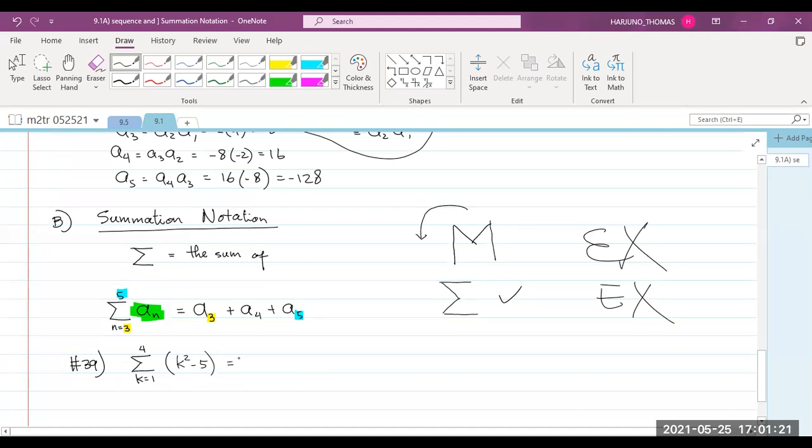So we start from when k equals 1: 1 squared minus 5, plus k equals 2, plus k equals 3, plus k equals 4, and we stop when k equals 4. Just like that. Everything else after this is computing.